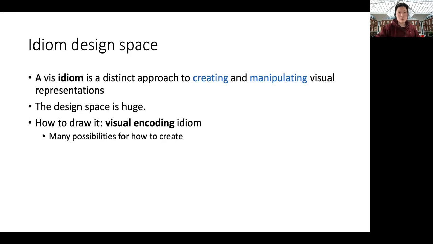And then the other term, which is quite useful and we're gonna use a lot, is visual encoding. That basically just means how do you turn the data into a visual form? So you turn data, which is abstract, such as numbers or text or letters, into visual attributes or visual elements, like the size, the color, the shape, etc. That process is called visual encoding.